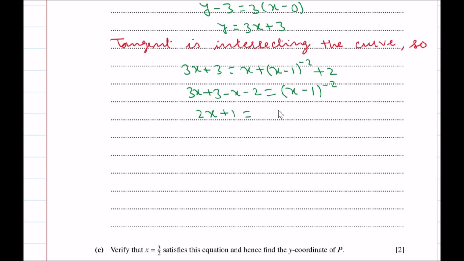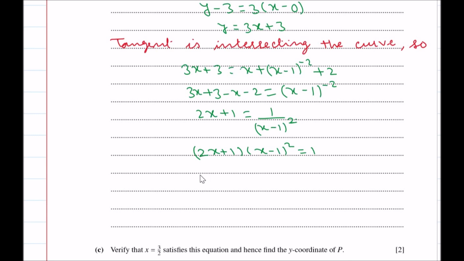Okay, and (x minus 1) to the power minus 2 can be written as 1 by (x minus 1) to the power positive 2. Now we cross multiply and we get (2x plus 1) into (x minus 1) to the power 2 equals 1.